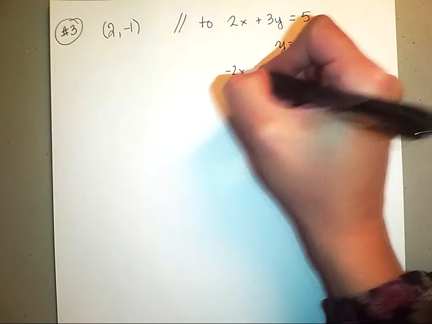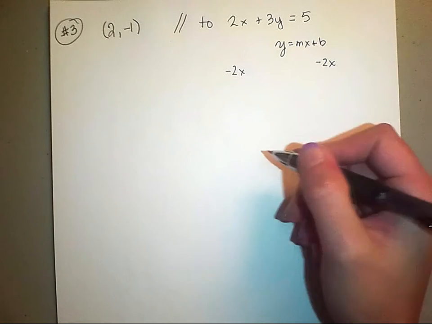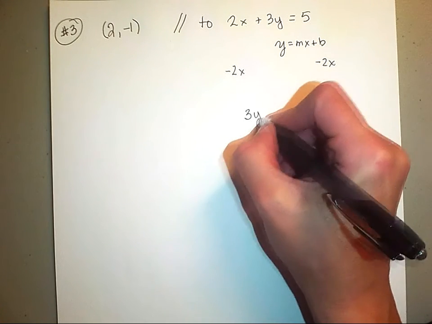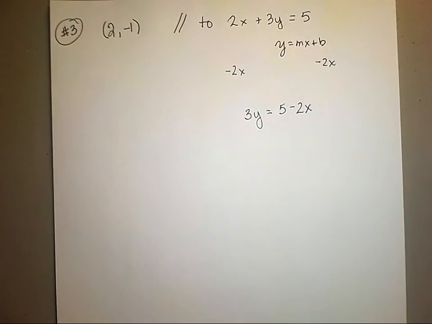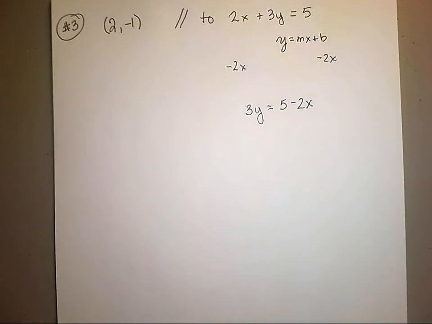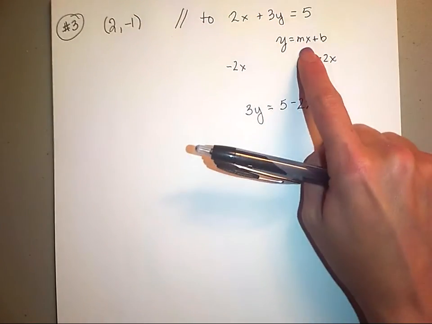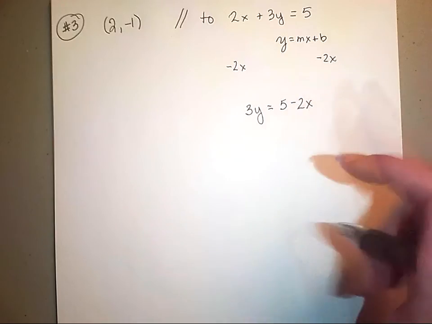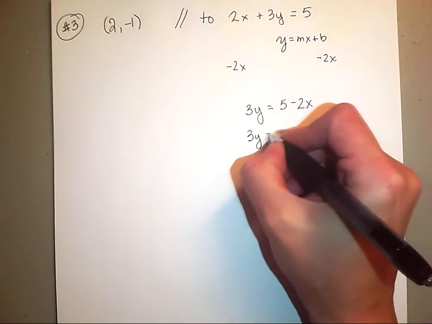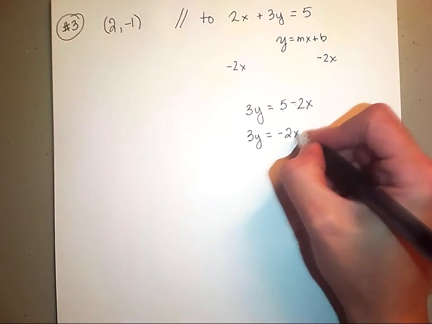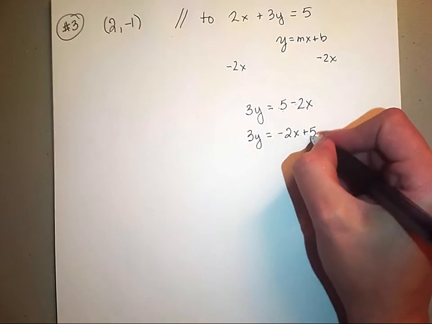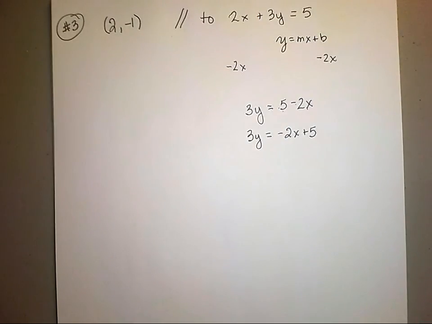The first thing we need to do is subtract 2x from both sides. So we get 3y is equal to 5 minus 2x. Now we'd like to have the mx term first, so let's rewrite this as 3y is equal to negative 2x plus 5. Now we're almost there.